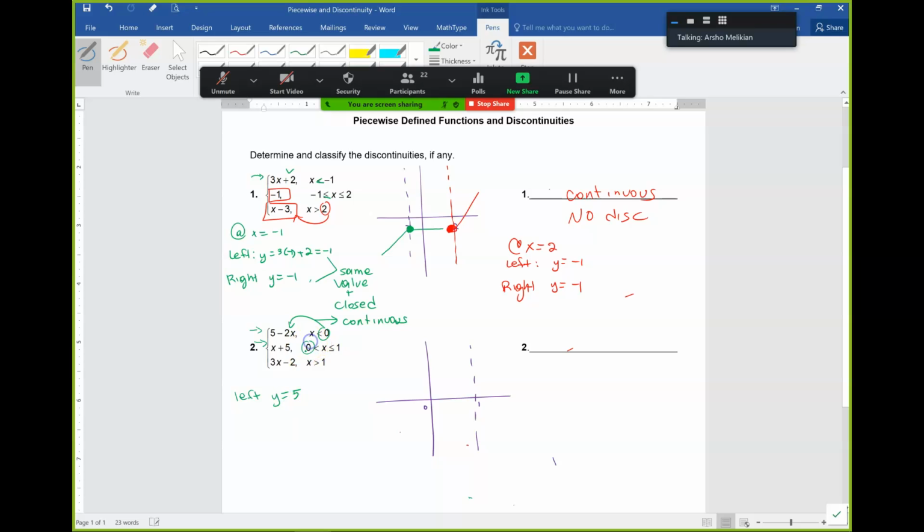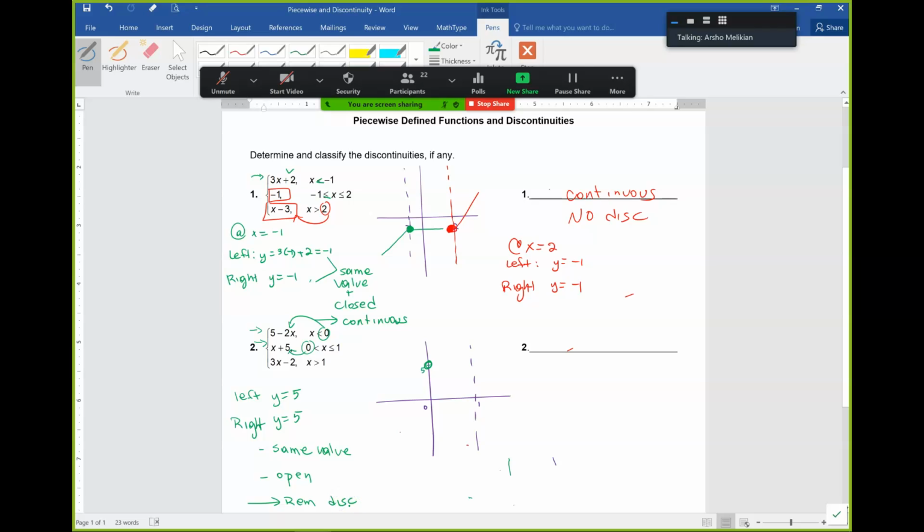From the right, plug in 0, y equals 5. Same value, right? But is it open or closed over there? So it's open, right? The first one, it's y equals 5, and it's open. The second one is y equals 5, and it's open again, right? If it's the same value, but open, then it's a removable discontinuity.